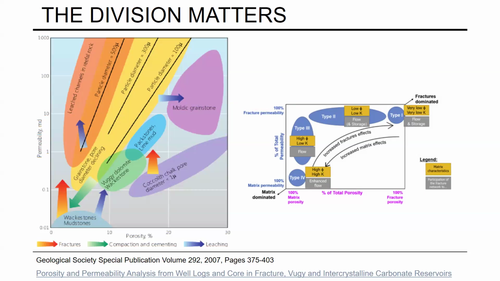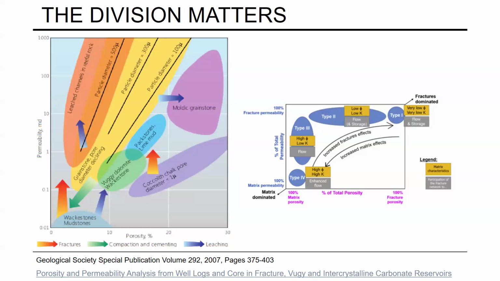Similarly, if you look at a grainstone or a dolomite packstone, where, as we know, the pore diameters are declining, the production will be more controlled by the matrix. The contribution of production will be more from the matrix compared to fractures.